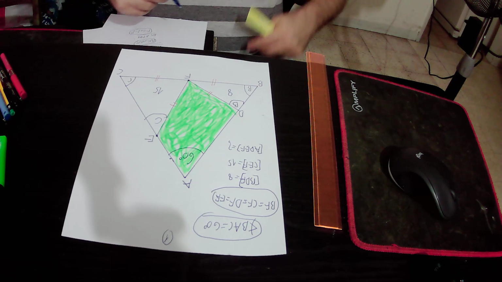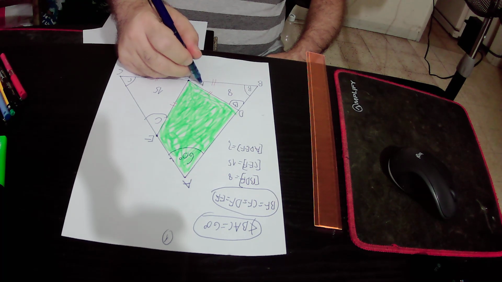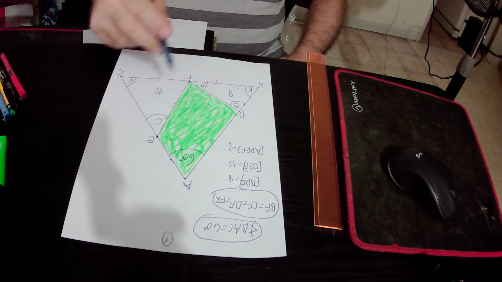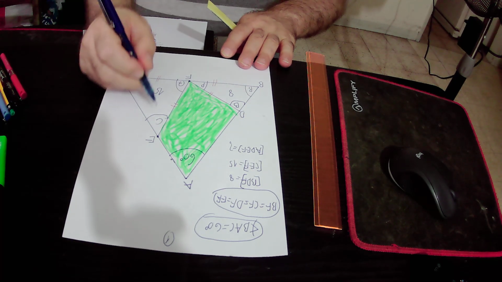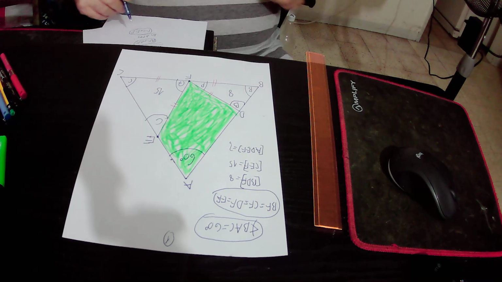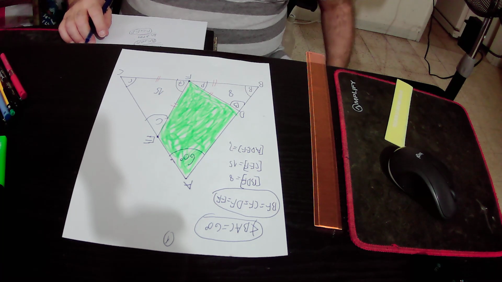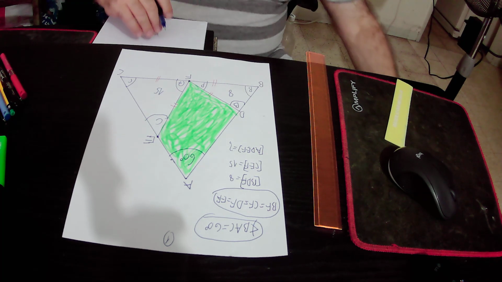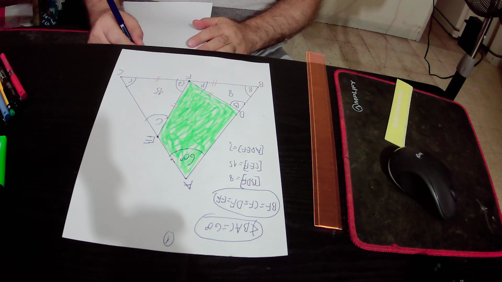In the next step we will define angle BFD as P, and we will define angle EFC as Q. Okay, and again we have the rule that states that the sum of the angles in any triangle is equal to 180 degrees.